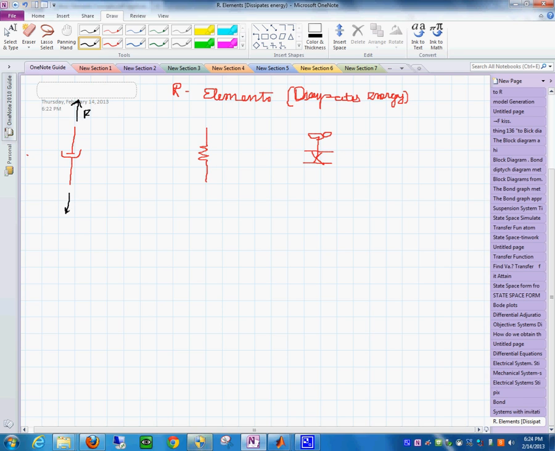On this one here, between the two ends there is a voltage, which we're going to call V sub R, and of course we have the current I. What about this over here?